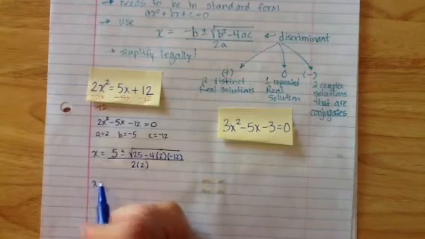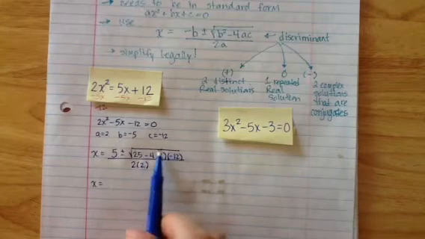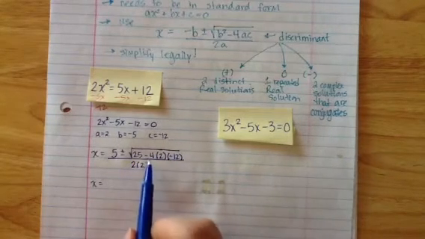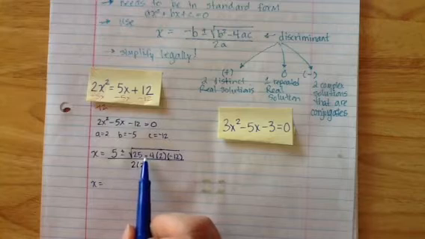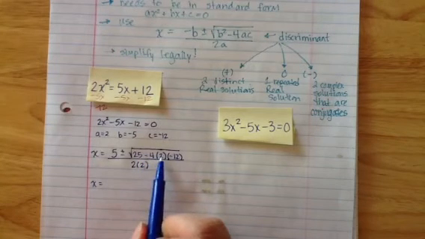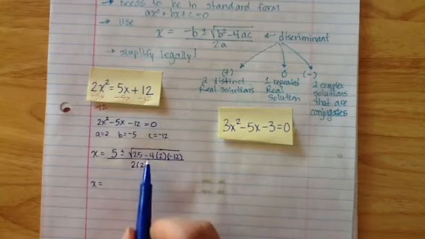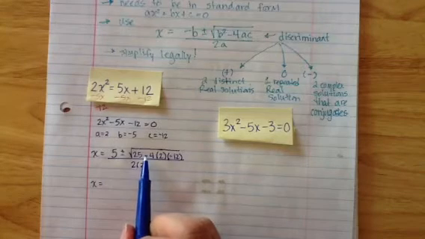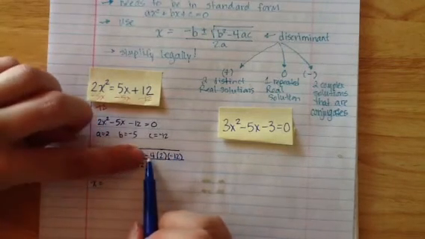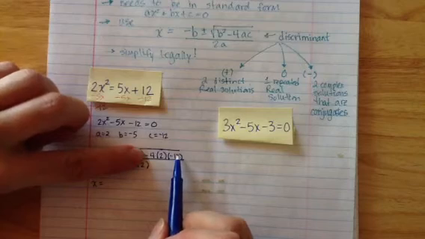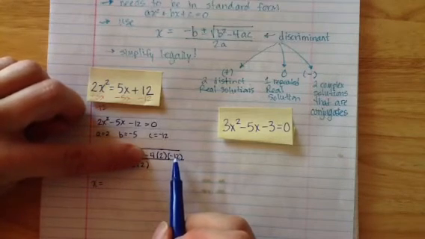Then we're going to work through this starting with simplifying the discriminant. You want to watch the signs in the discriminant because I'm really subtracting this product of 3 numbers, and when we have 2 negatives like we have, negative 4 times 2 times negative 12, that's going to end up being a positive value.